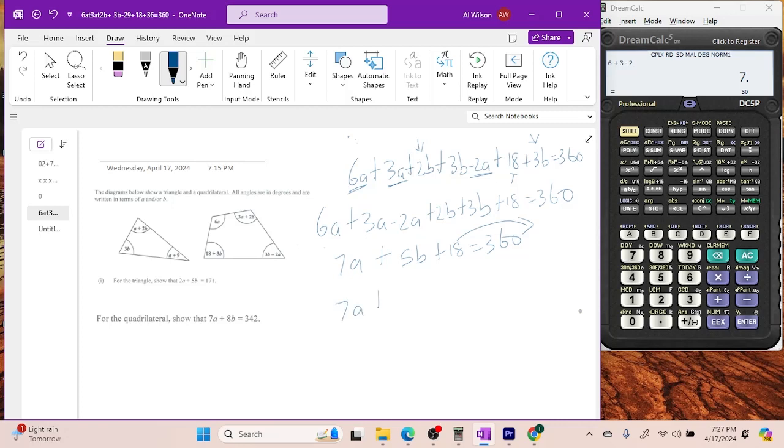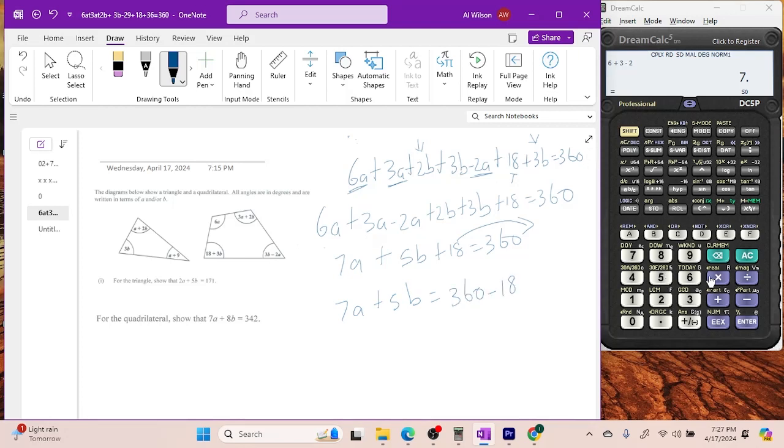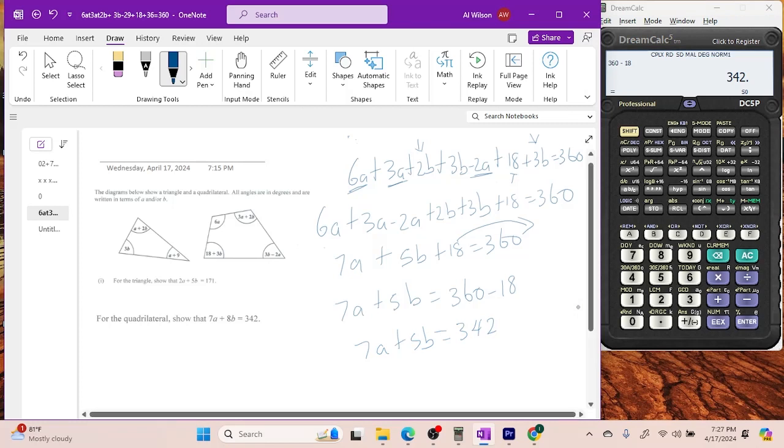So 7a plus 5b is equal to 360 minus 18. So 360 take 18 is equal to 342. 7a plus 5b is equal to 342. That is stated there. So in this case, you've proven by following these steps that these two answers are in fact what they need to be.